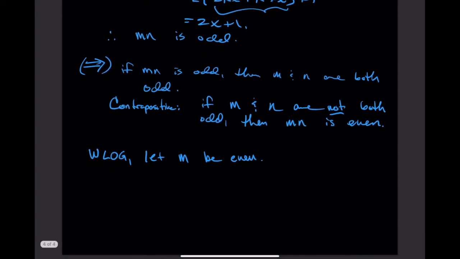So that means that m is going to be equal to 2 times a for some integer a. Now, if we look at m times n, that's really going to be 2a times n, which we can write as 2 times an. We don't even care about n, what it is, if it's even or odd. So this right here is even.